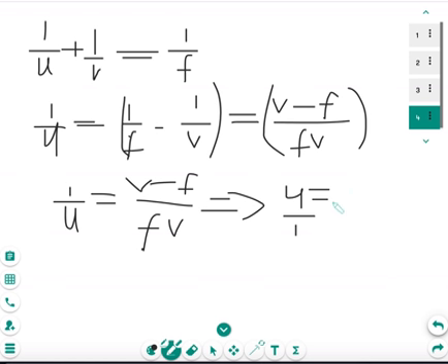So 1 over u is equal to v minus f over fv. This implies u over 1 is equal to fv over v minus f. It's just the somersault of it.